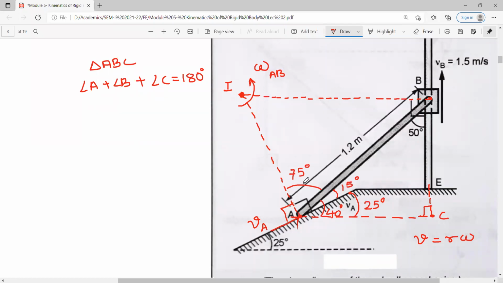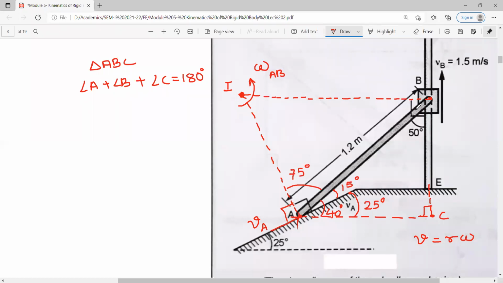Which angle am I considering? The angle between the inclined surface and this radius is 90 degrees, because of the relation of velocity and radius. Velocity is along the inclined surface. So this will come as 75.